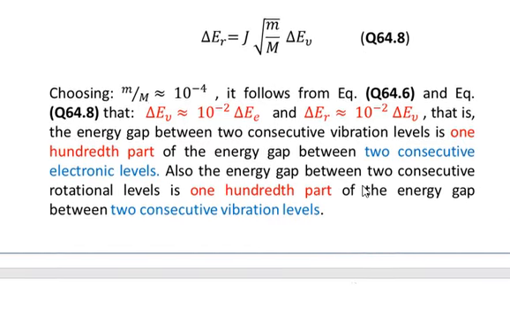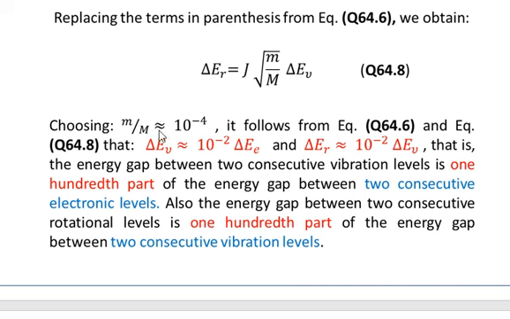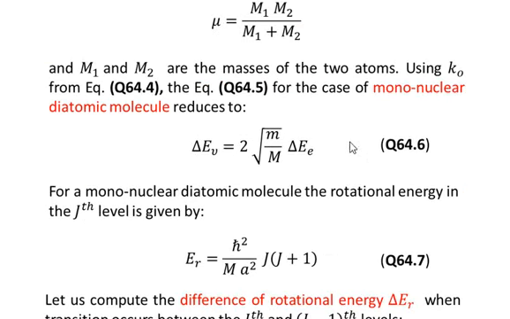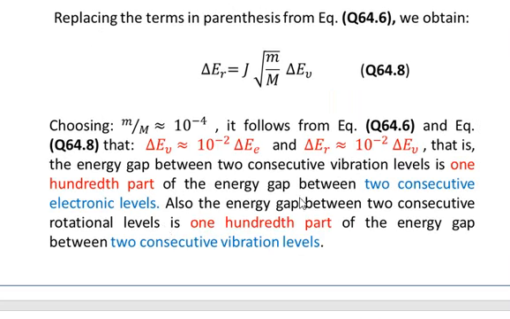So if we choose m over capital M of the order of 10 to the power minus 4, it follows from equation number 64.6, that is from this equation, that the change in vibrational energy between two consecutive levels is of the order of 10 to the power minus 2 times the change in electronic state between two consecutive levels.